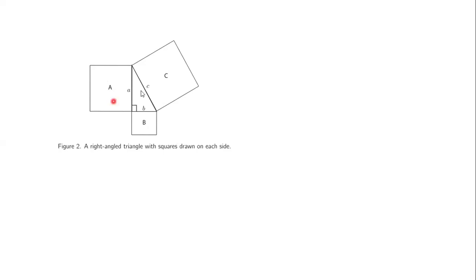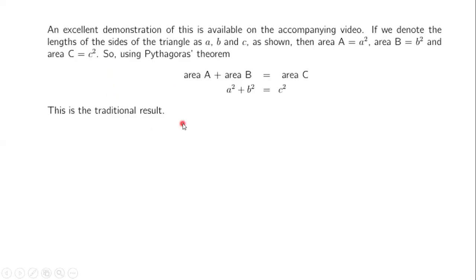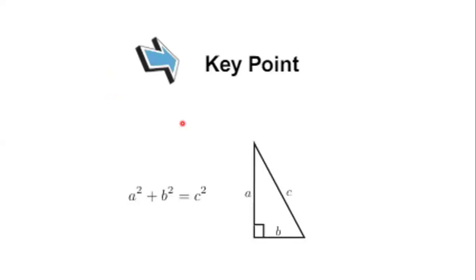So this would be the example. Here c squared is equal to a squared plus b squared. And as a theory, you already learned about these things.